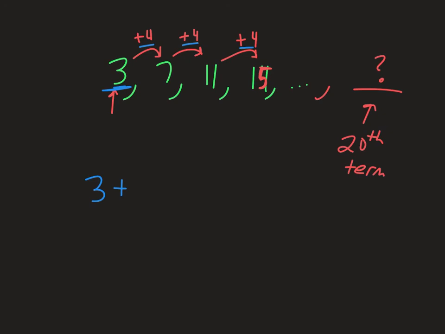But here's the trick. To get the second term, we only added 4 once. To get out to the third term, we started with 3 and we added 4 twice. So to get out to the 20th term, we would start with 3 and add 4 19 times, or n minus 1 times.